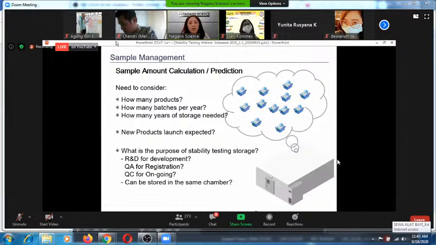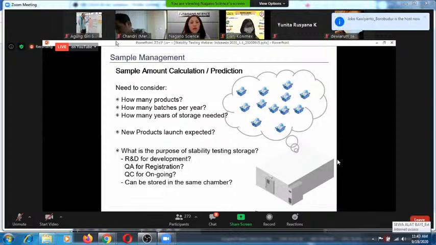And what is the purpose of the stability testing storage? Is it for R&D development, QA for registration, ongoing testing, or can those be used in the same chamber? That kind of thing you have to consider for sample management.